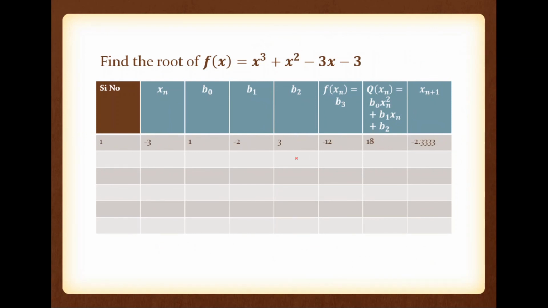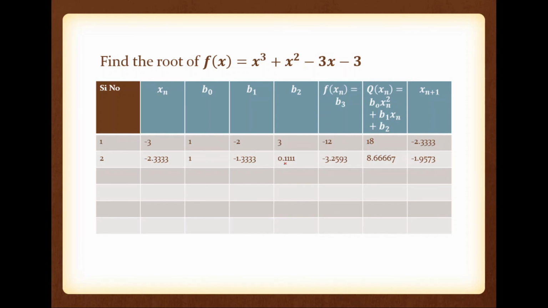Now by using minus 2.33 we can find the next value. B0 is always 1 because B0 equals A0, so these coefficients are not changing. But now B1 is A1 plus B0 into X0. So X0 is changed, and we have minus 1.3333.